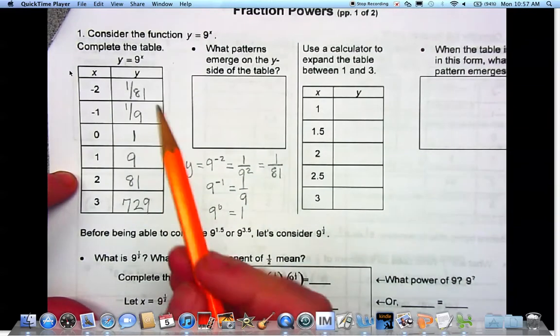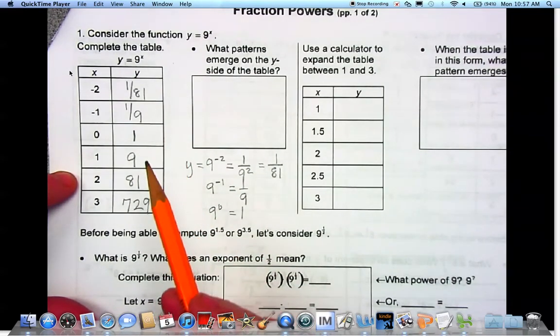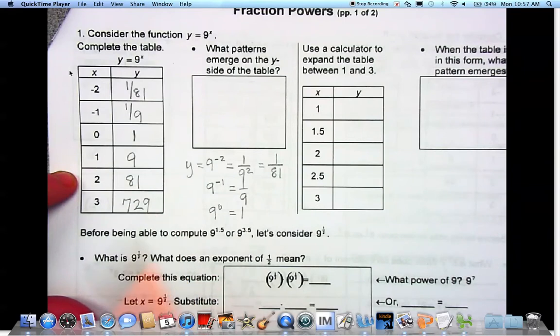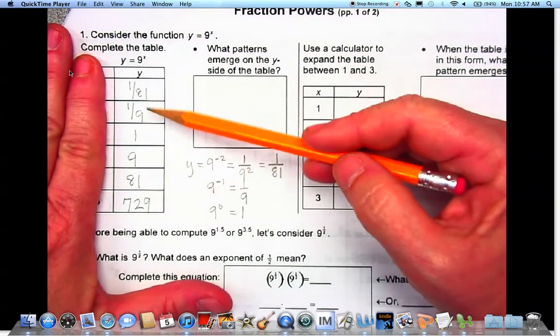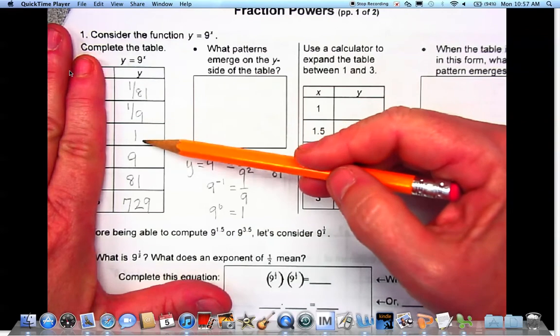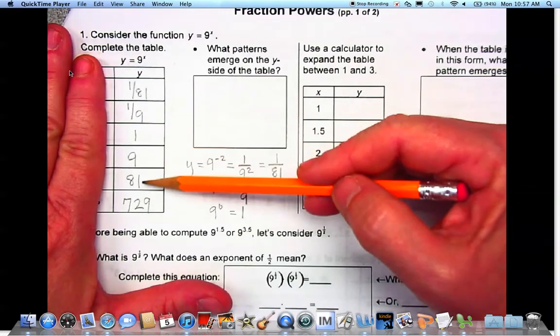Okay, we're looking for a pattern as you go down. The negatives are just 1 over. Okay, but just look at the y's. They go up. How are they going up?